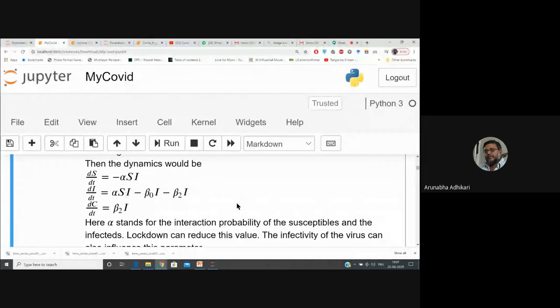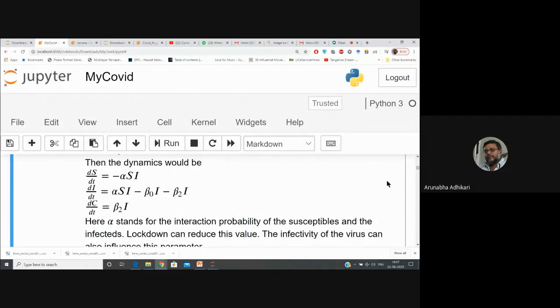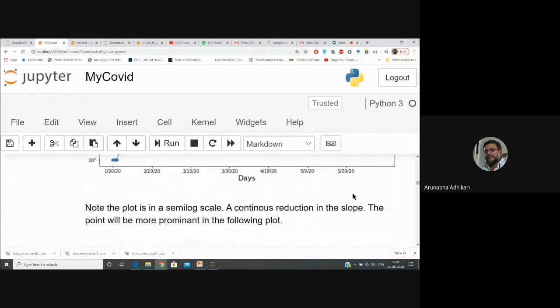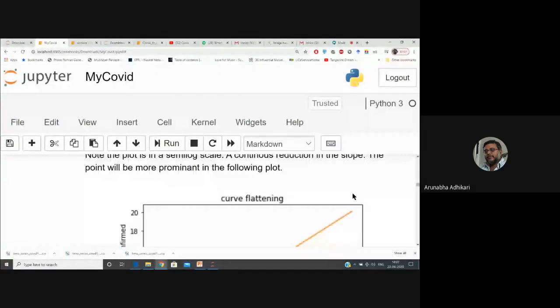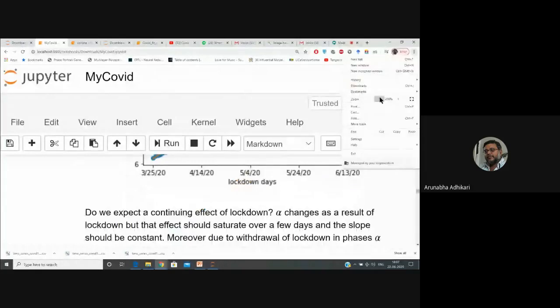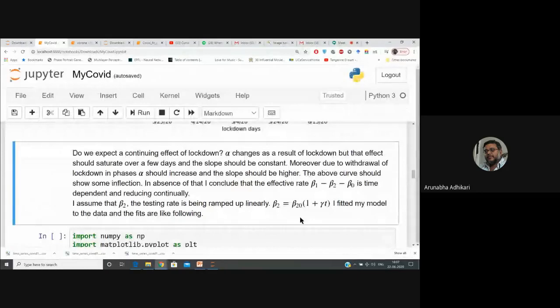I should have a constant exponential growth, and C will also have an exponential growth, which definitely it is not. We have seen this curve. It is not an exponential curve. So that tells me that the effective exponent, beta 1 minus beta naught minus beta 2, is time dependent.